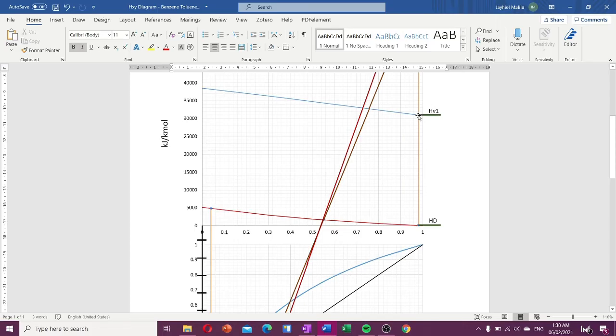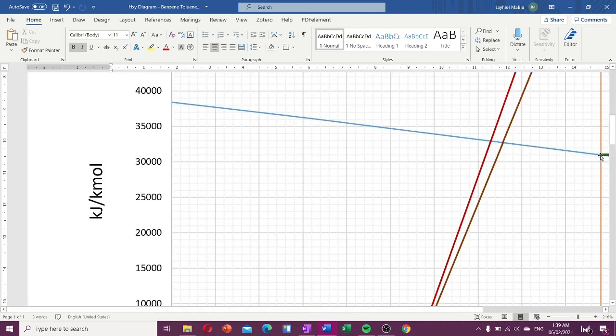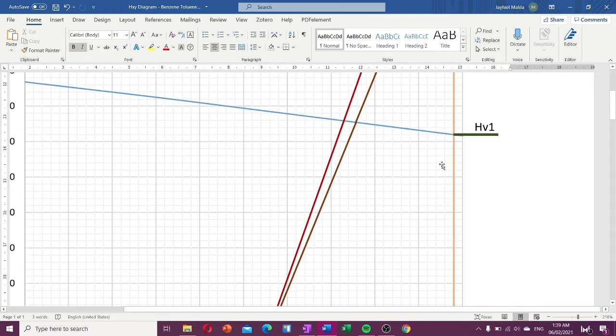What I mean is, in one stage there is an exiting vapor with a composition, and there's also an exiting liquid with a certain composition. We already have the composition of the vapor exiting, which is in this line over here, and that is 0.98.